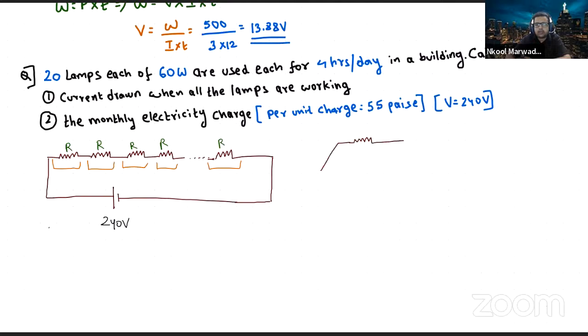If the bulbs are connected in parallel, let me draw it properly. So 20 bulbs are connected in parallel, and they are connected with a battery.